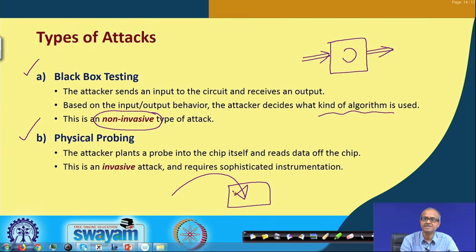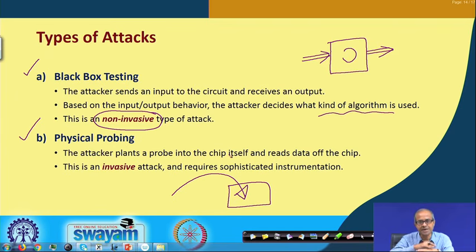This is called physical probing. Here the attacker plants some kind of a probe, it depends on the sophistication of the mechanism, what kind of probe you are talking about, into the chip itself and tries to read or retrieve some information that is present inside the chip.